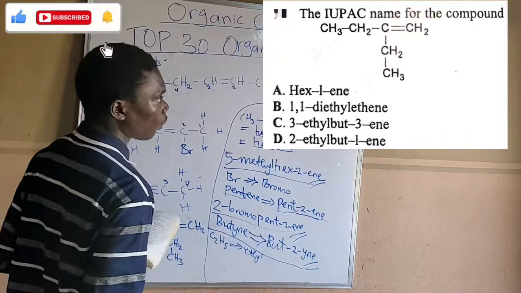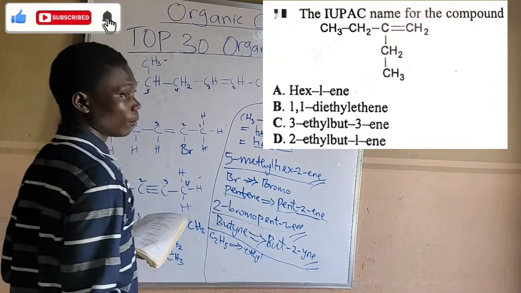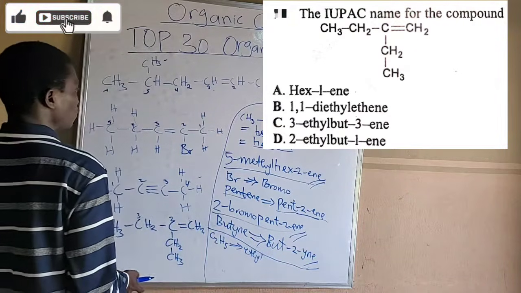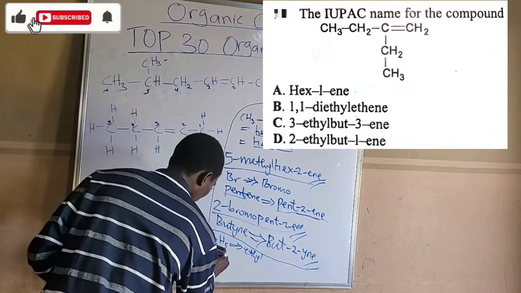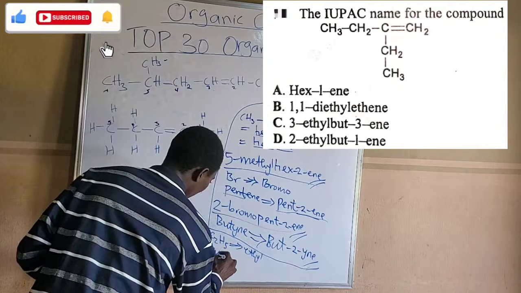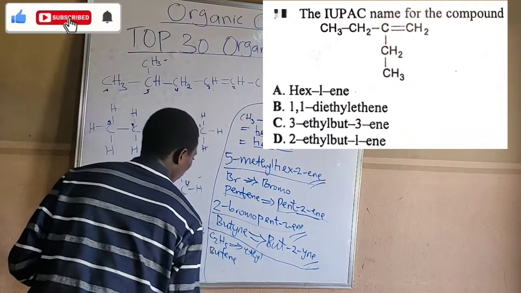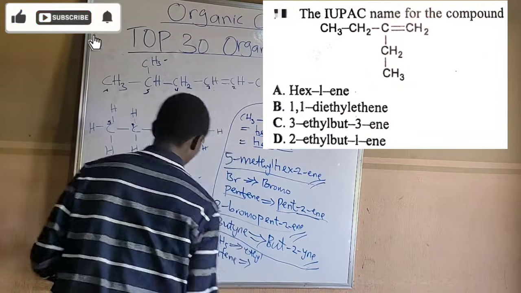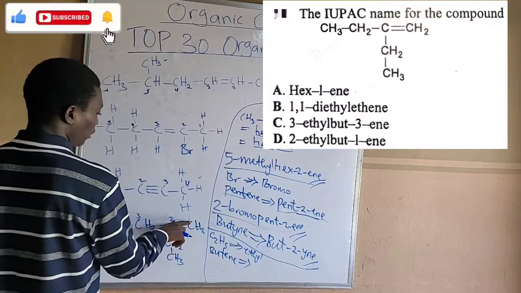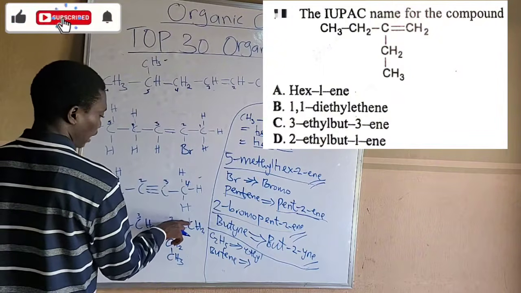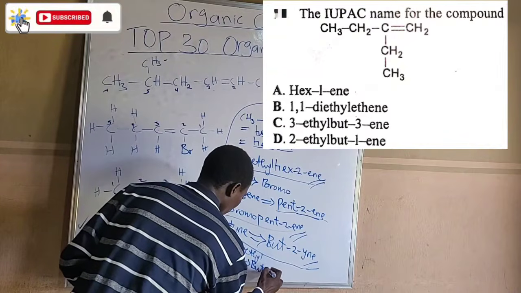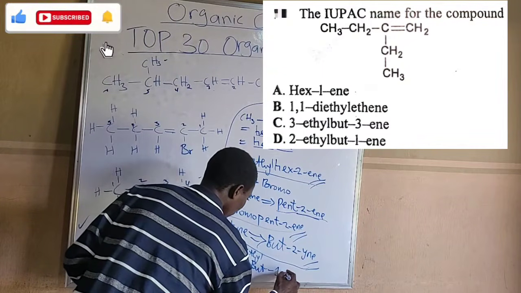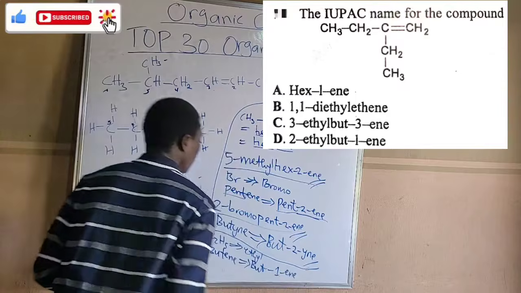That is C4H8, and that is butene. So the parent name will be butene. But if you want to break it down further, the double bond is located at which carbon? It's after the first carbon, so we can write it as but-1-ene.